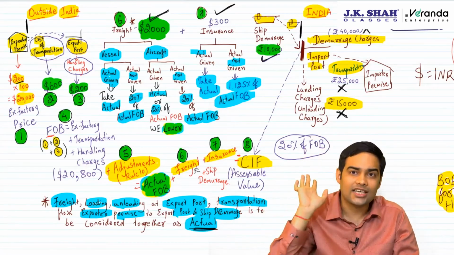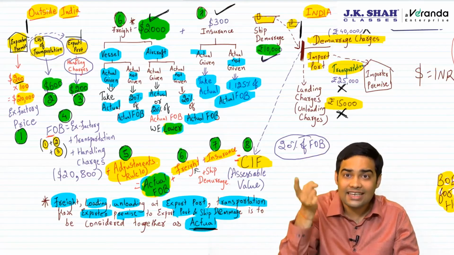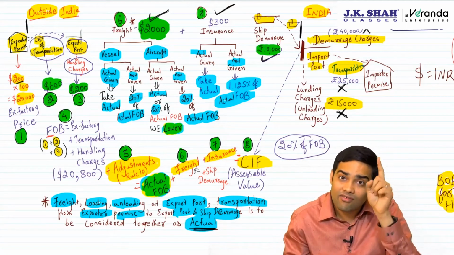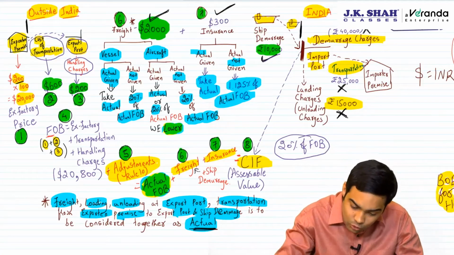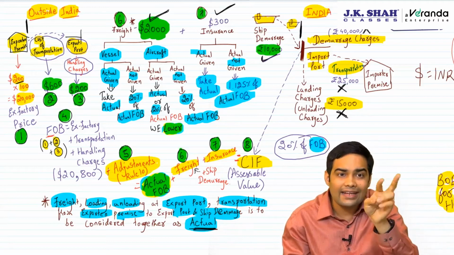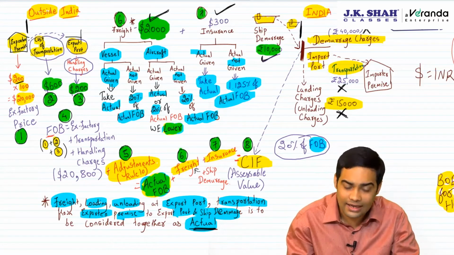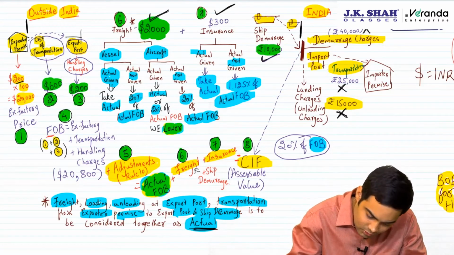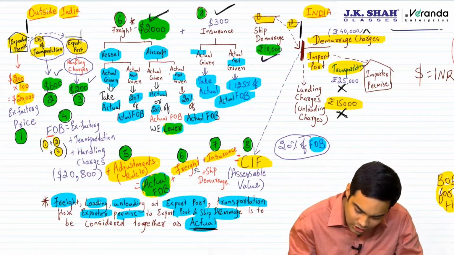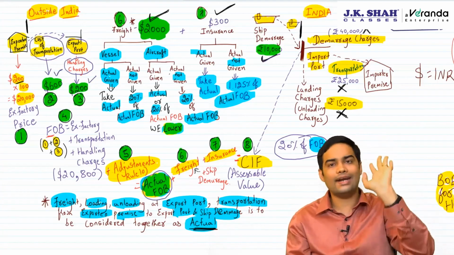You should not consider it because it is already included in 20% of FOB. But remember one important thing. To calculate this 20% of FOB, first you should add that 600 and 200. Until and unless you add this 600 and 200, you will not get your actual FOB. So first you have to add it.